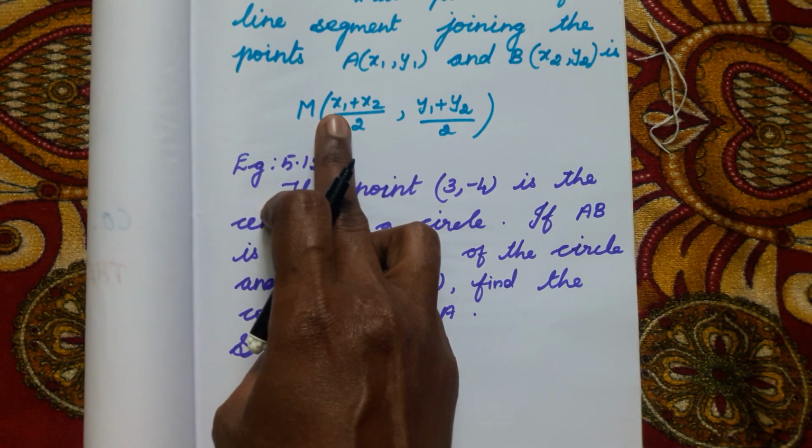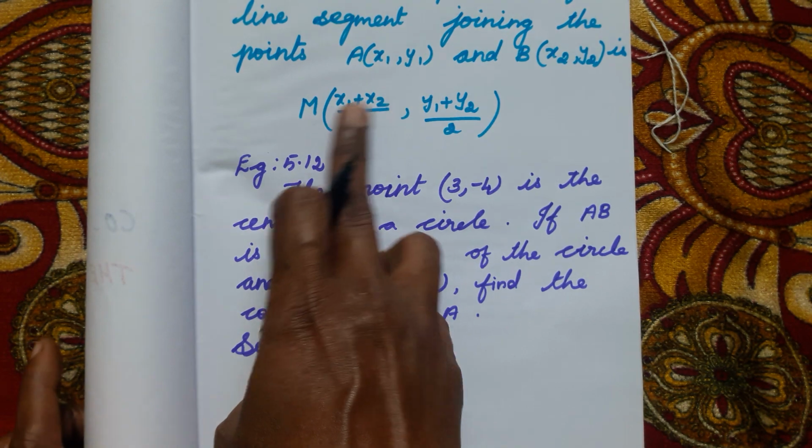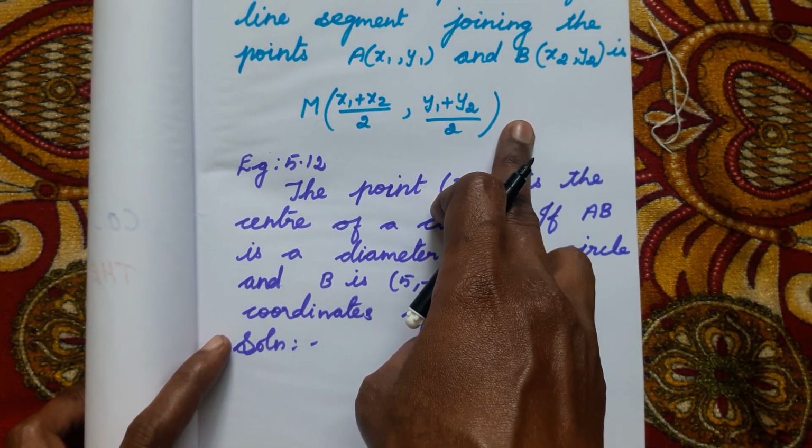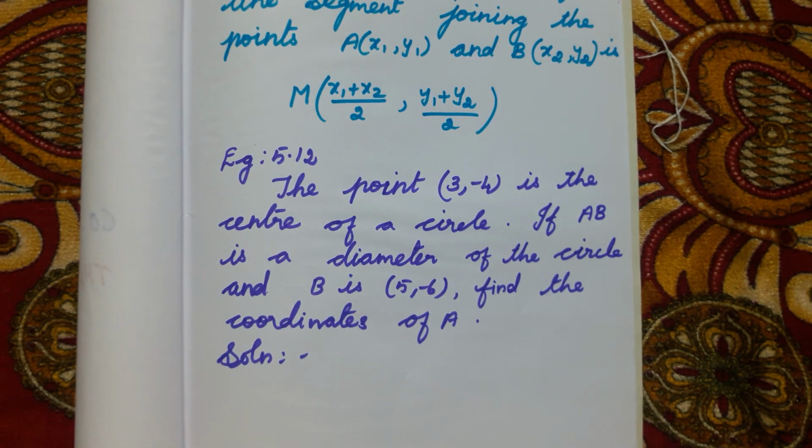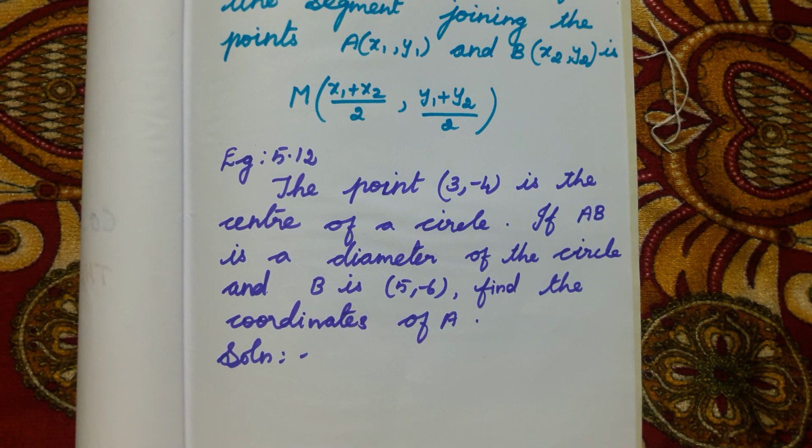Clear? Midpoint M is equal to x1 plus x2 by 2, y1 plus y2 by 2. Now I am going to explain example 5.12.